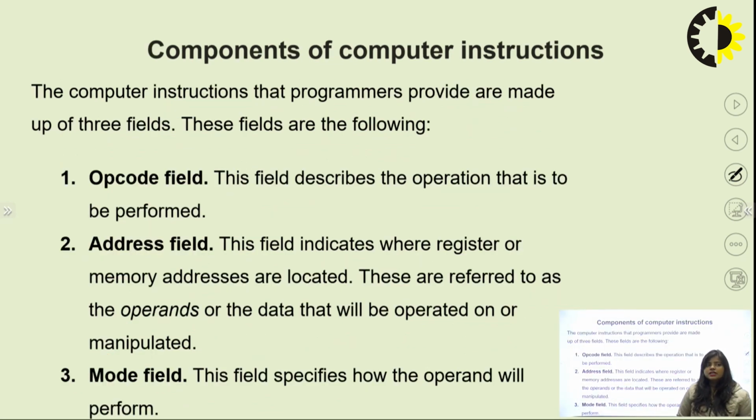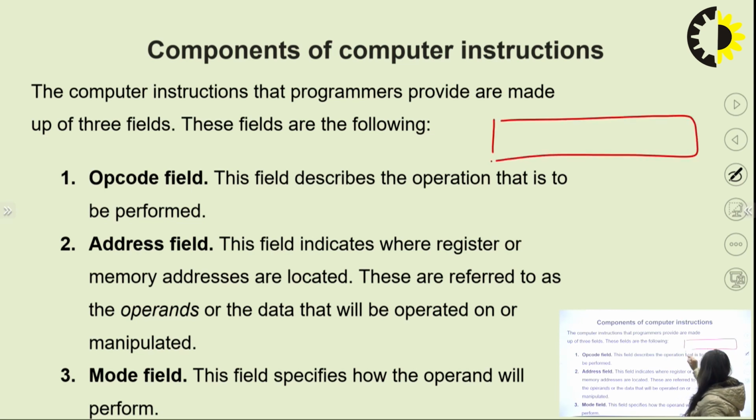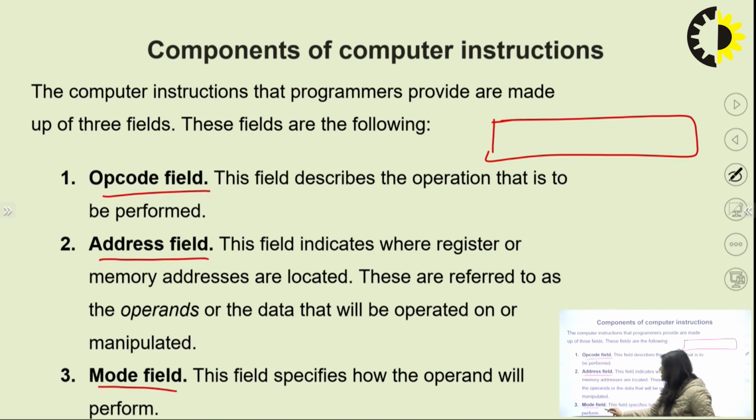Next, we are going to study the components of a computer instruction. Components means what fields occupy an instruction. So what fields should be there to complete an instruction? The first one is the opcode, then the address field and the mode field, as I told you in the previous slides.